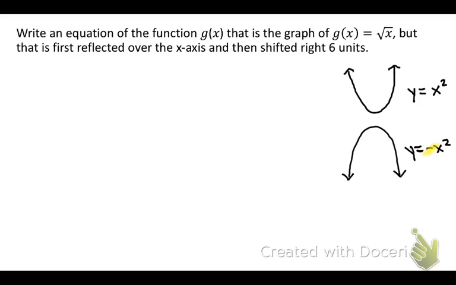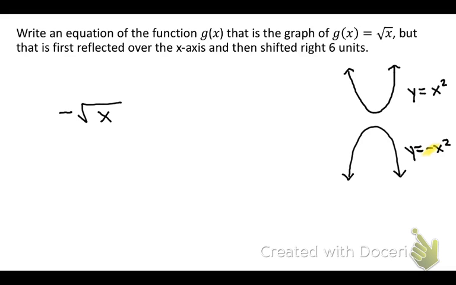So that's going to work the same regardless of whether our parent function is x squared or whether it's the square root of x. So to first reflect that over the x-axis, we're going to have negative square root of x. But now we also need to shift it right 6 units. So if we're shifting it right 6 units, that means that we are moving horizontally. So it's going to be inside, and it's also going to be the opposite of what we would expect.